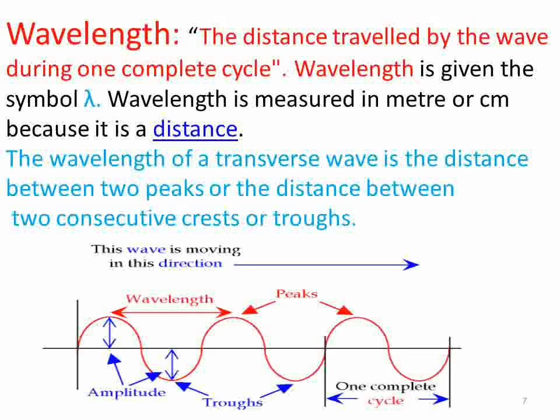The wavelength of a transverse wave is the distance between two peaks or the distance between two successive or consecutive crests or troughs.